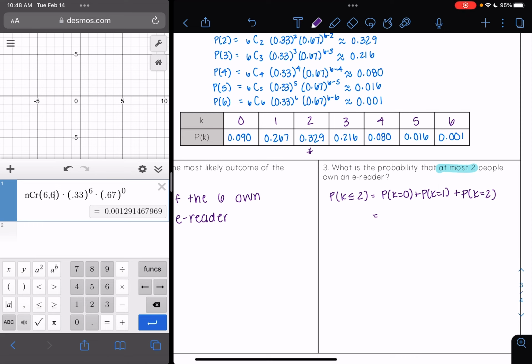The probability that k is equal to 0 was 0.090. The probability that k is equal to 1 is 0.267. And the probability that k is equal to 2 is 0.329. And when you add all of those up, you get 0.686. So there's about a 68.6% chance that at most 2 people own an e-reader.